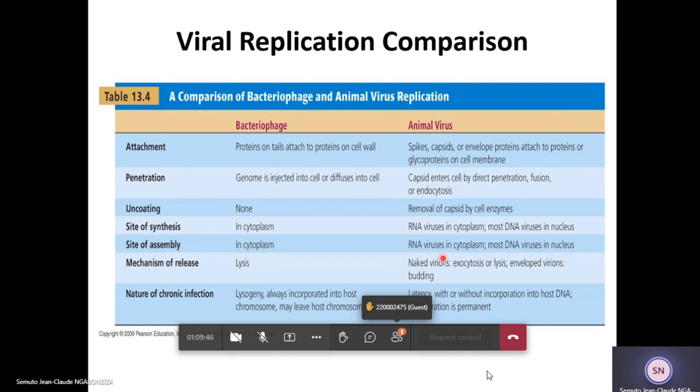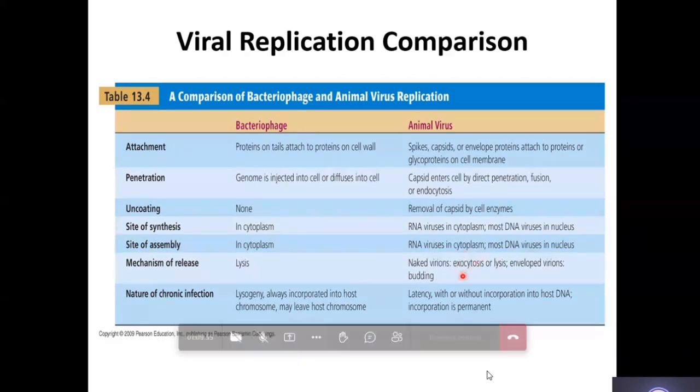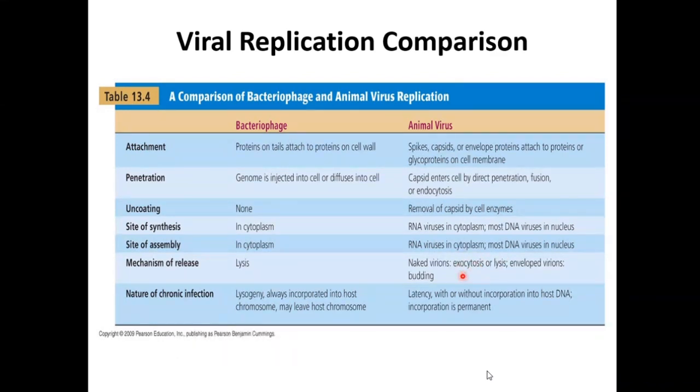In animal cells, we have seen that naked viruses mostly get out by lysis, but some can get out by exocytosis, which is the mechanism of excreting viruses. But enveloped viruses always bud. Without budding, they cannot infect other host cells.